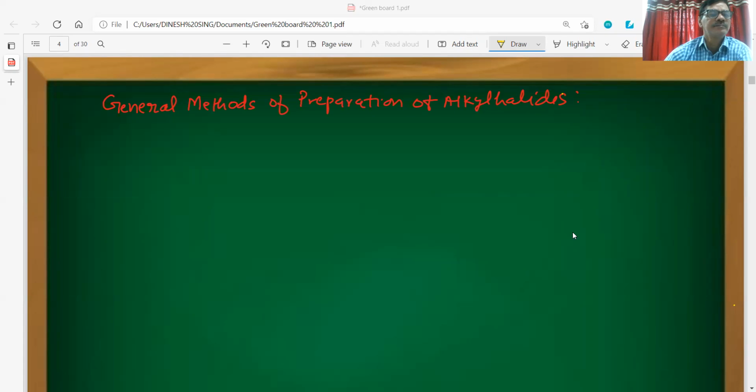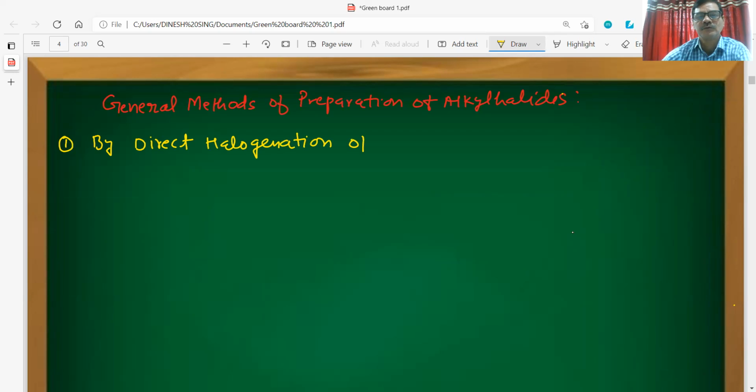So the first method is by direct halogenation of alkanes.